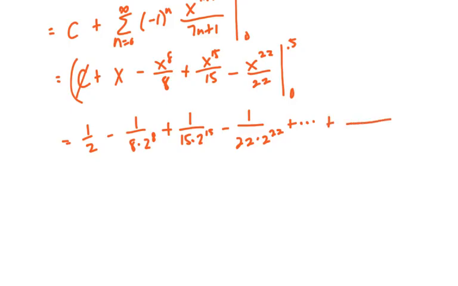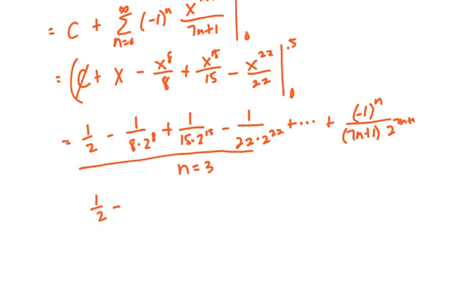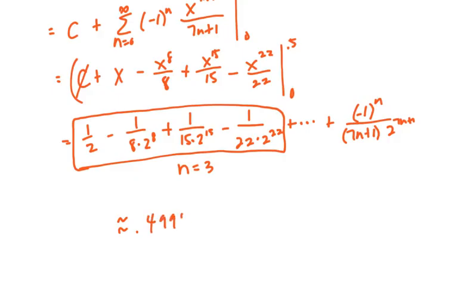Well, we know over here this term is negative 1 to the n over 7n plus 1 times 2 to the 7n plus 1. If we stop adding after n equals 3, it's better than after n equals 4. So that gives us 1/2. That means we're going to add these terms right here. And when we add the ones in the box, we get approximately 0.4995137. Thank you.